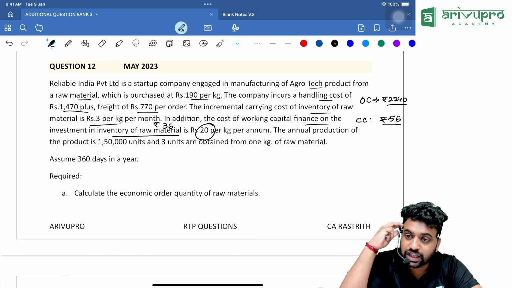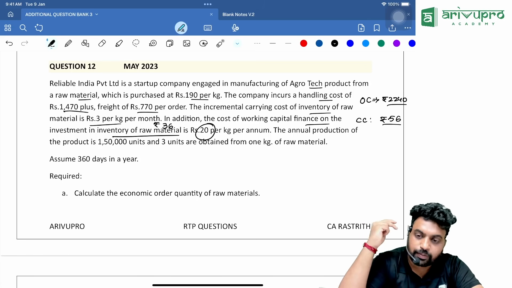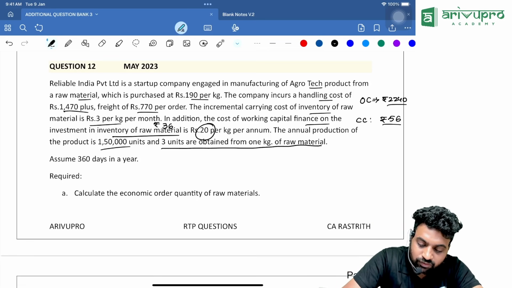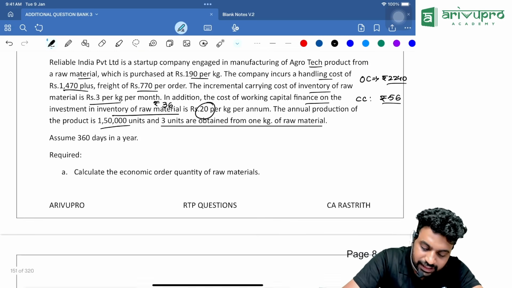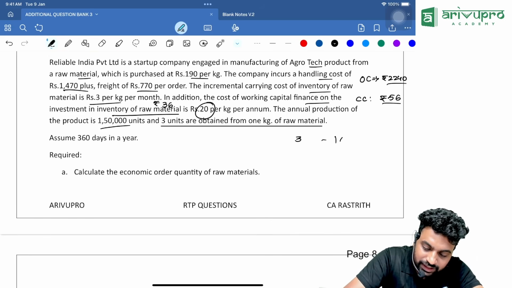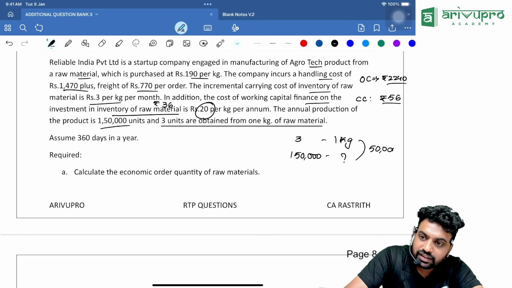Because even interest is also carrying cost only, right? The annual production of the product is 1,50,000 units, and 3 units are obtained from 1 kg of raw material, which means 3 units take 1 kg. We are producing 150,000 units, which means it takes 50,000 kgs.